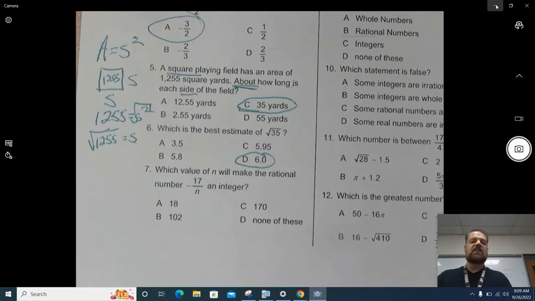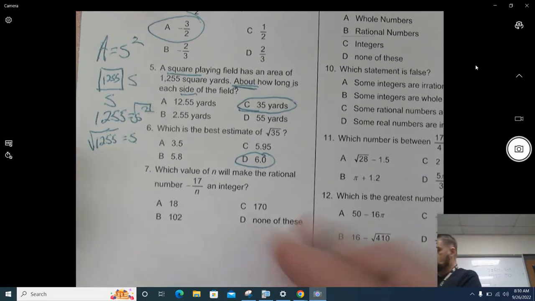So hold on, we got to rethink this. None of them, actually. Yeah, you got to do the math on that. If it was the other way around, if it was 170 divided by negative 17, that would be negative 10. That's what Mr. Adams was thinking. So it's actually D.